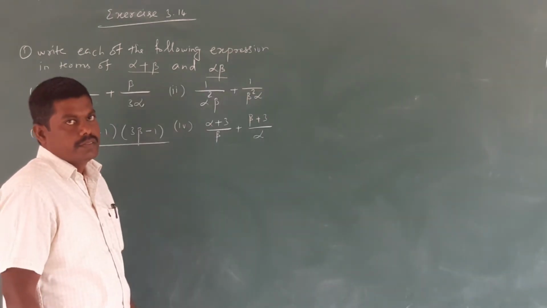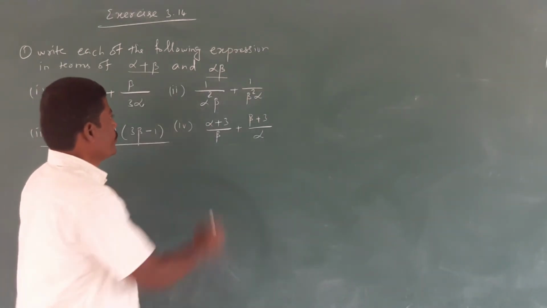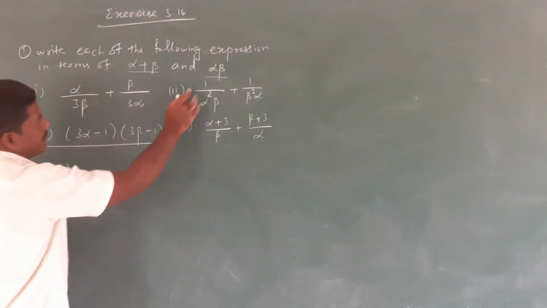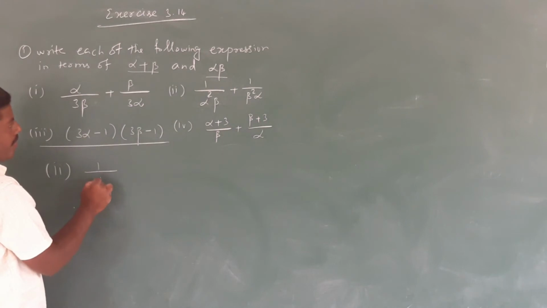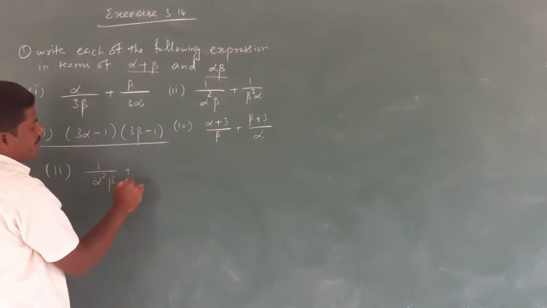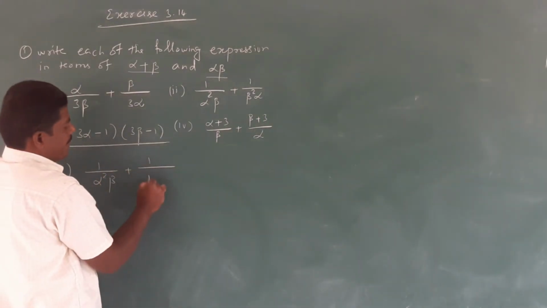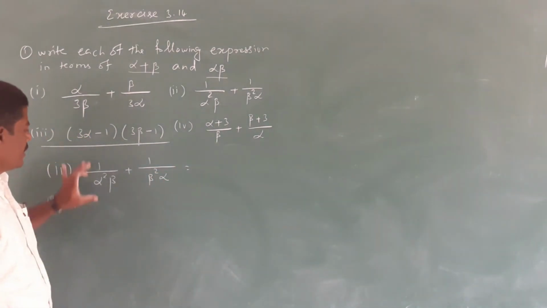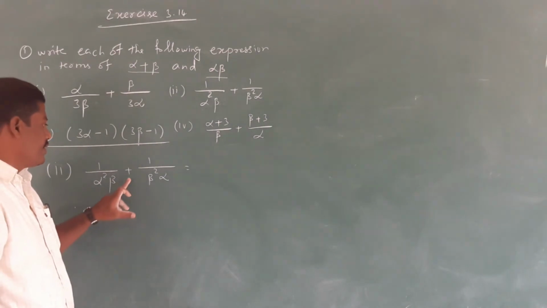Okay, next you see question number 2. Take the second question: 1 divided by alpha square beta plus 1 divided by beta square alpha, which is equal to... Here two rational expressions are given, and we want to add both.